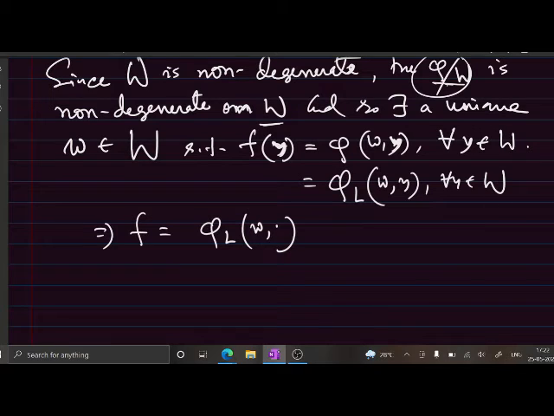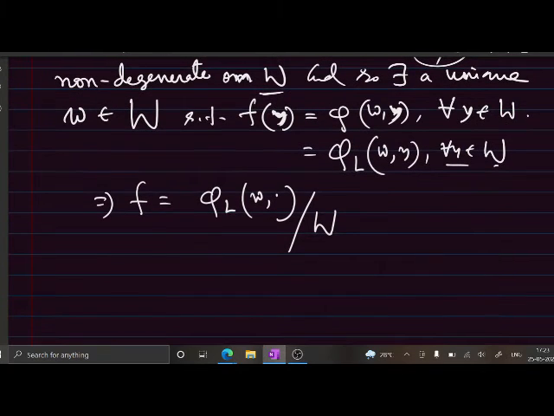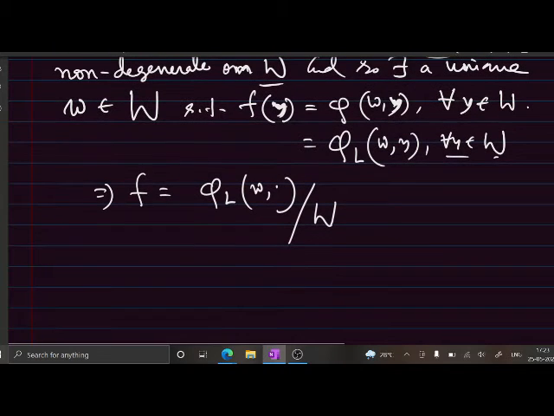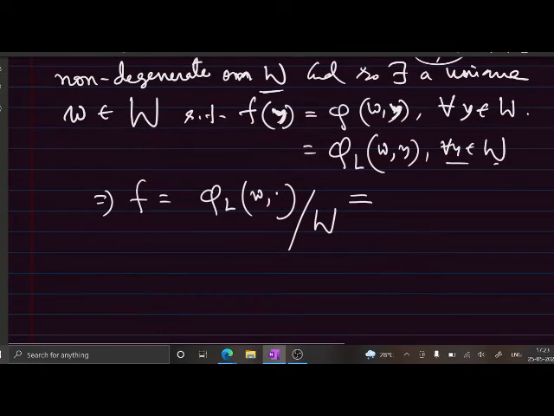Restricted to W, because this is true for all y belongs to W. So as per the definition of this map, this is your phi L of w.